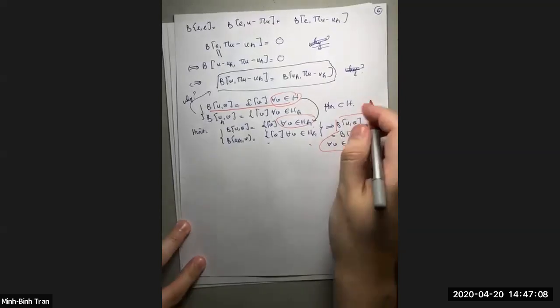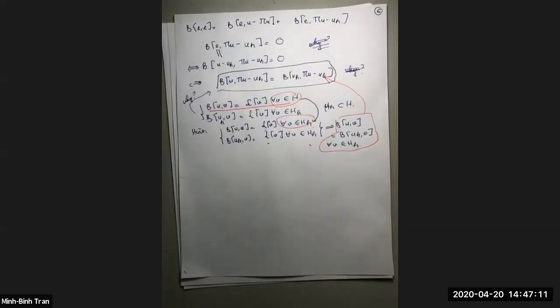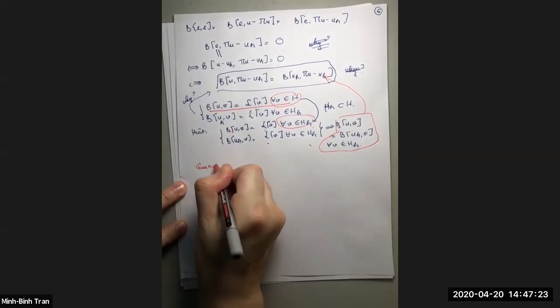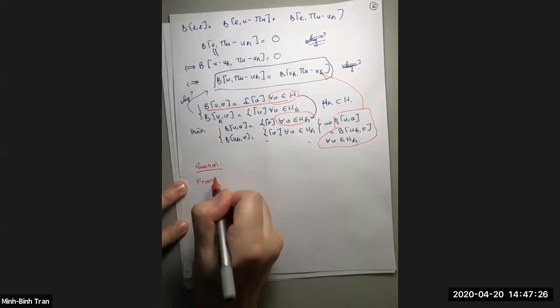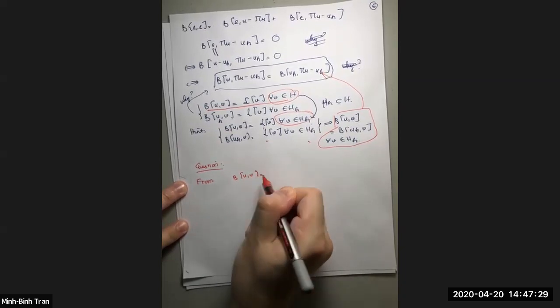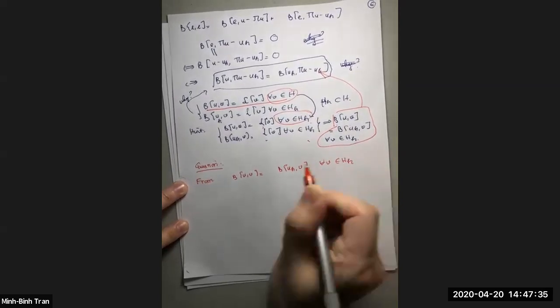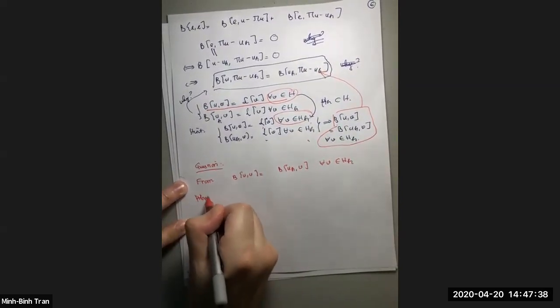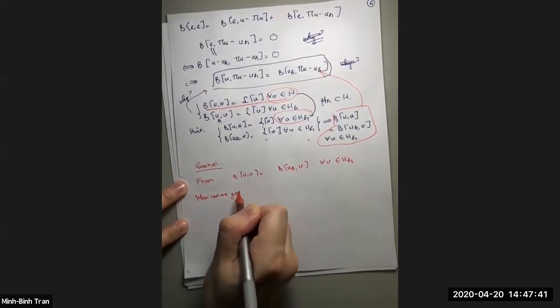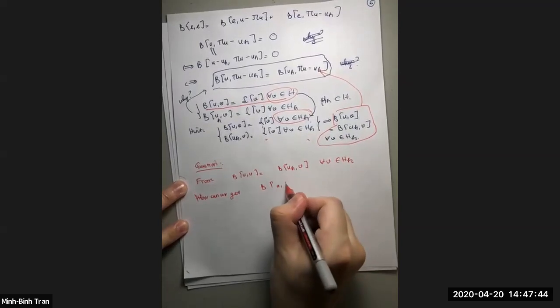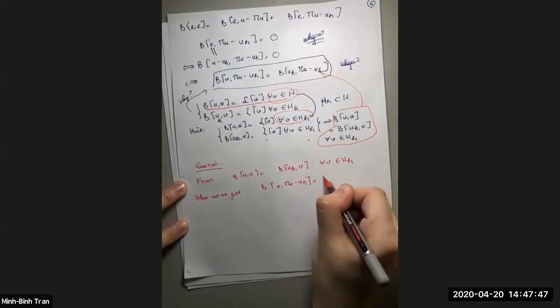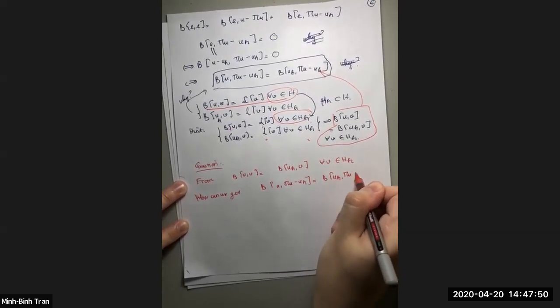So how can I say that B(u, pi u minus u_h) is equal to B(u_h, pi u minus u_h), right? So my question: from B(u, v) is equal to B(u_h, v) for the v in H_h, how can we get B(u, pi u minus u_h) is equal to B(u_h, pi u minus u_h)?